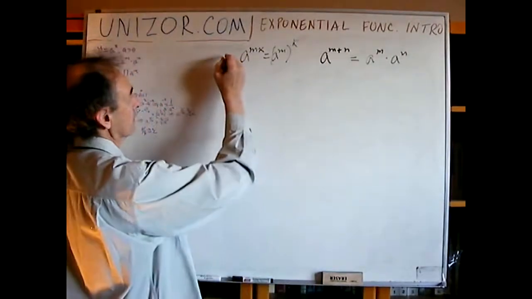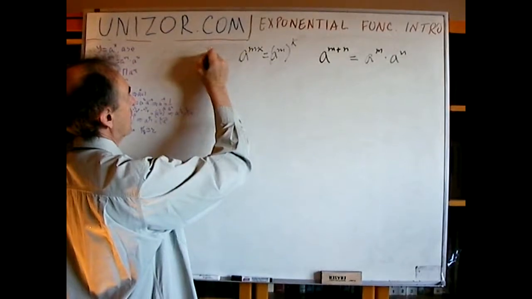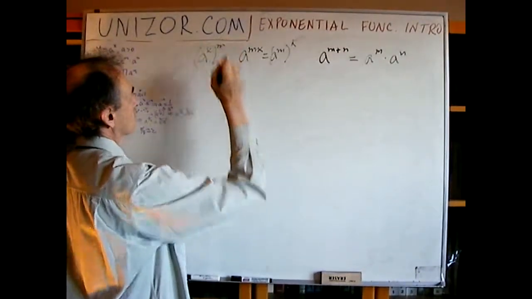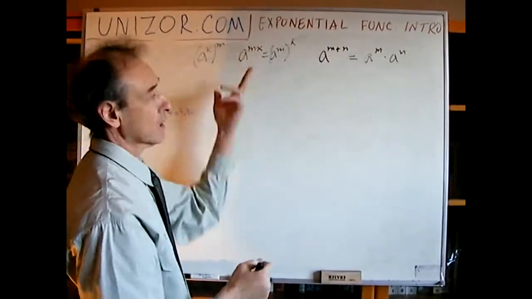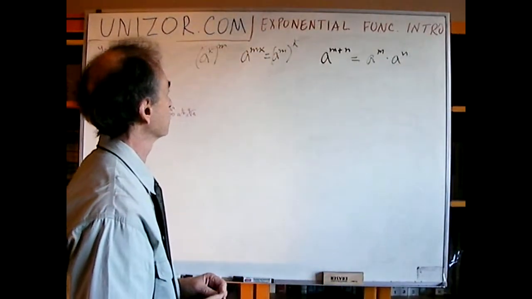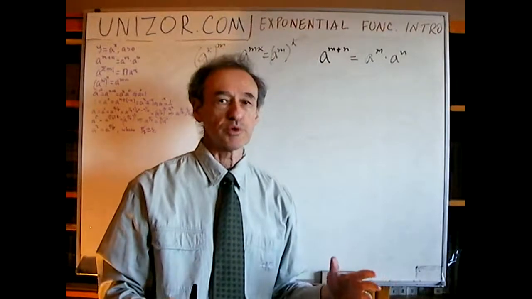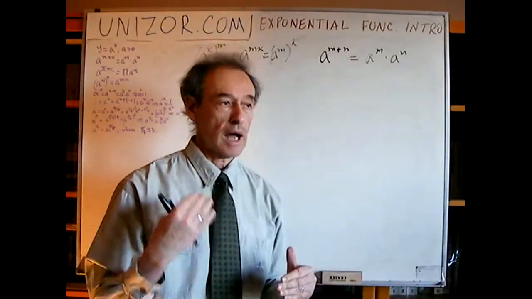Incidentally, it's also equal to a to the power of k, to the power of m, because m and k are commuting with each other.